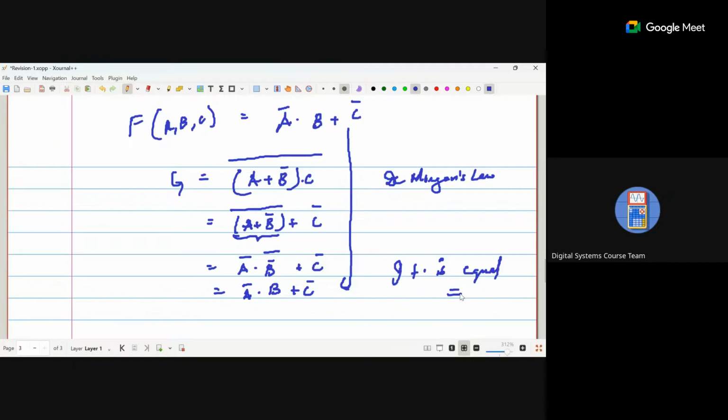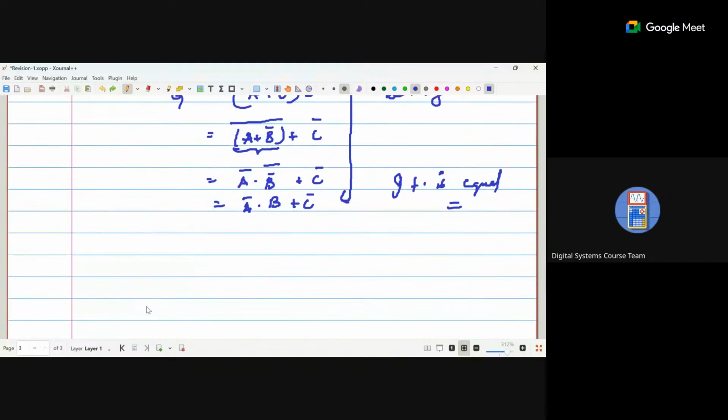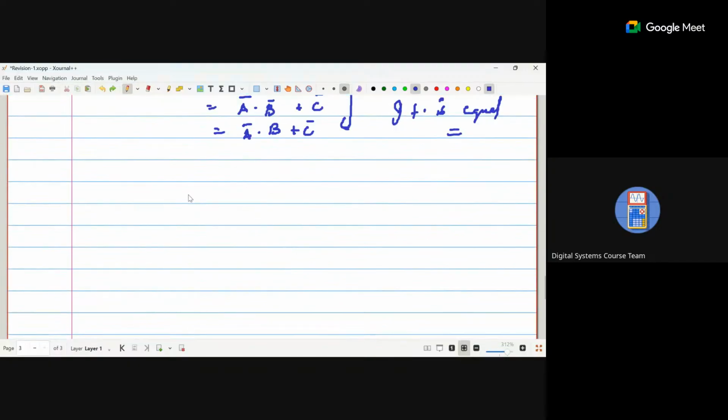Okay. You can also solve from F. So if you're having A dash, B plus C bar, we have to solve from F towards G. What do you have to do? Which law will you use?